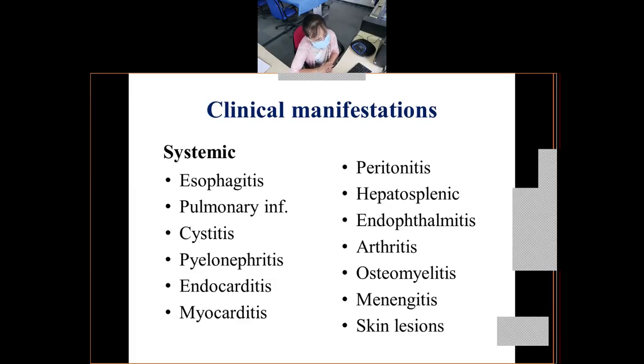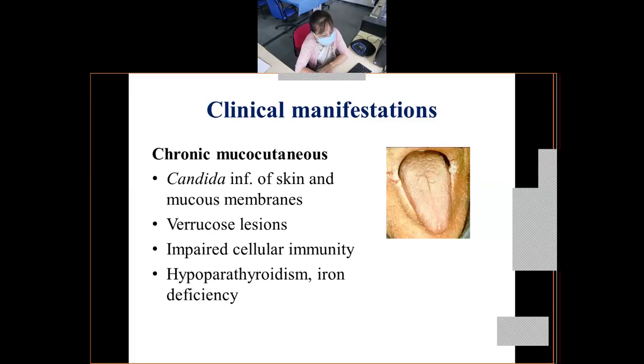Besides these, there are other systemic manifestations. You can have meningitis, and all these kinds of systemic manifestations are seen in association with candidiasis. Then it can also cause an entity which we call chronic mucocutaneous candidiasis.